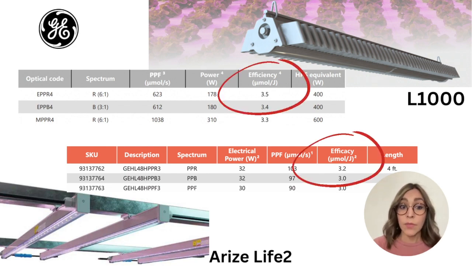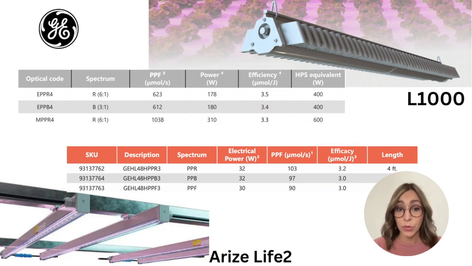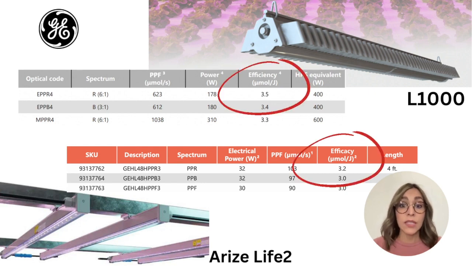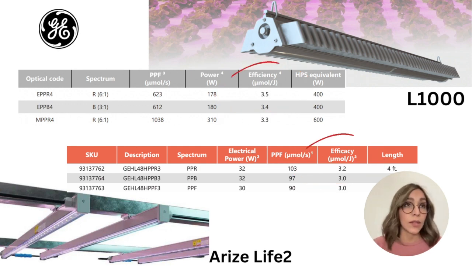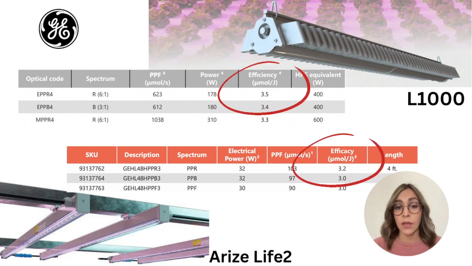Then, if you are interested in vertical farming systems, we have another lamp, which is Arise Life 2, also from General Electric, and you can see the efficacy is also 3 or even higher than 3. This is a lamp that you can use for any vertical farming system growing lettuce or leafy greens, even also strawberry.